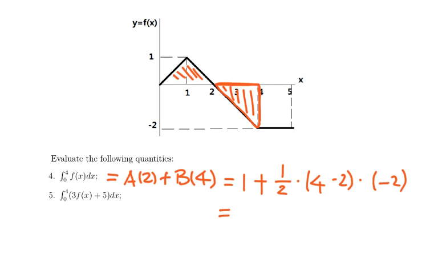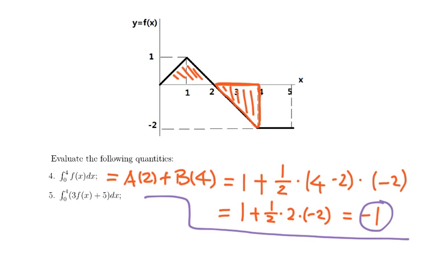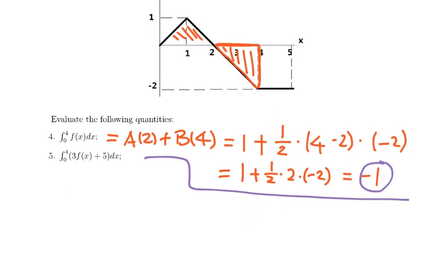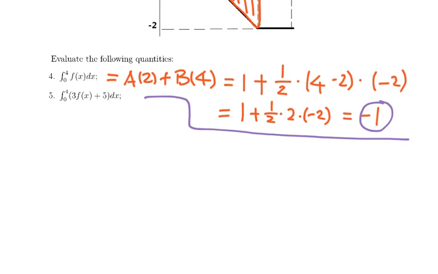So if we do the algebra, it is 1 plus 1/2 times 2 times -2, and the result is -1. So that means the integral of f(x) dx from 0 to 4 is equal to -1. Alright, this is the fourth part.